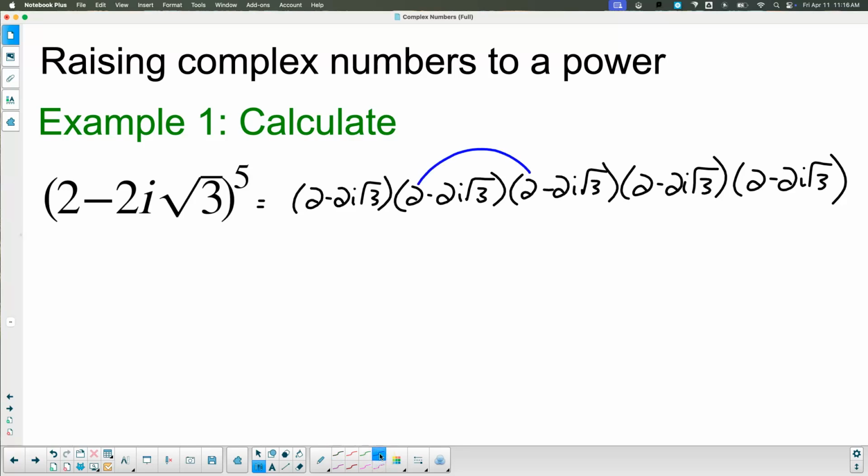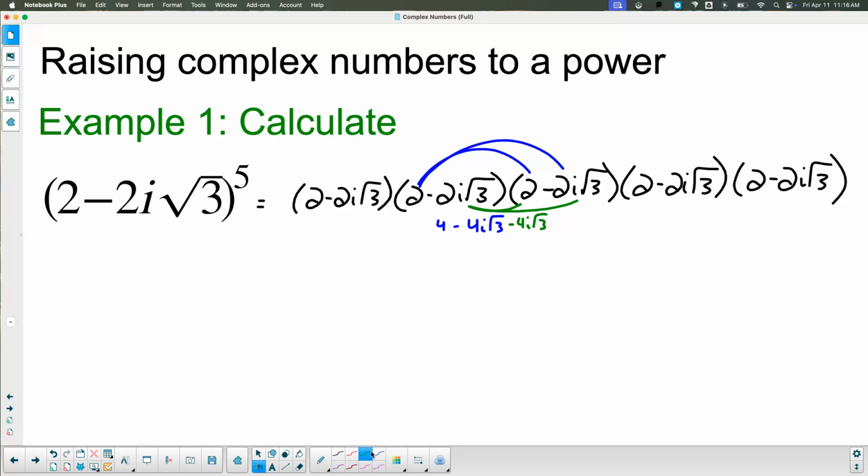So that's going to be 4. That's going to be minus 4I square roots of 3. That's going to be minus 4I square roots of 3. That's going to be plus 4I squared times 3. So that's plus 12, right?